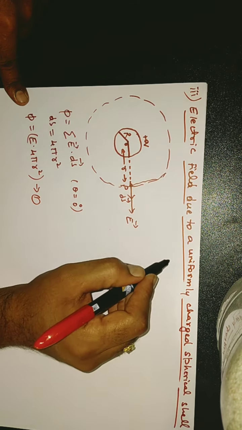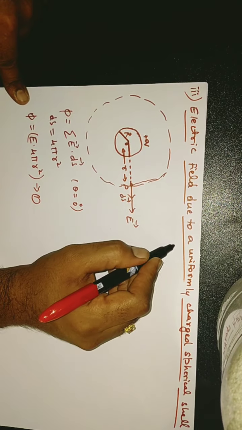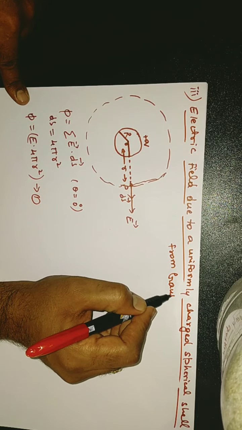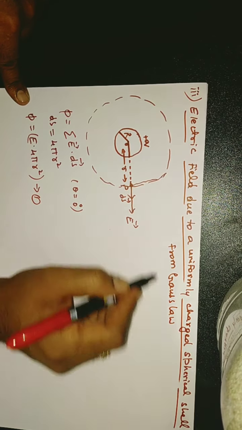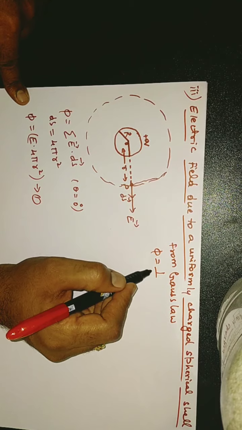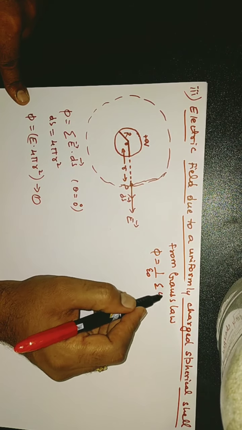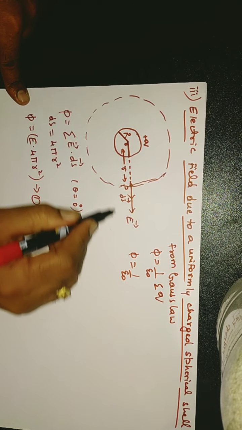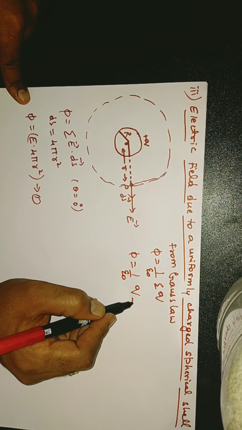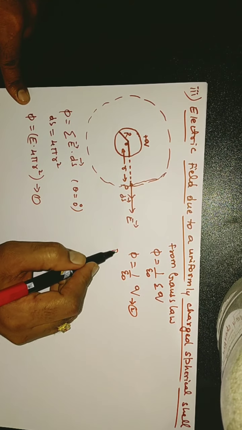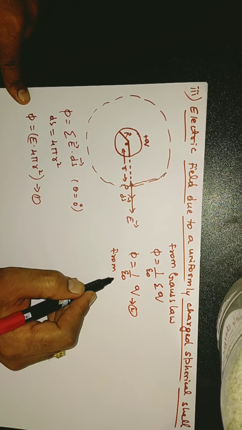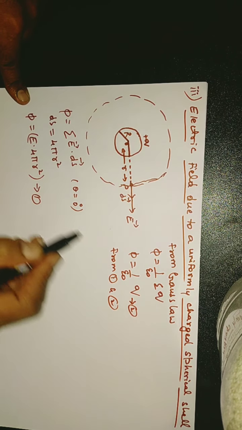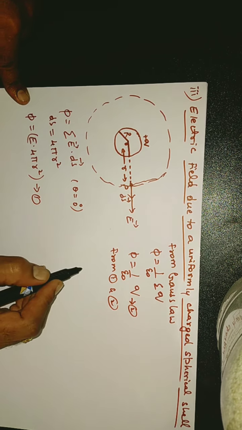Now, from Gauss law, we know that phi is 1 by epsilon naught times the sum of q. So, phi is equal to 1 by epsilon naught times q, since we know that the charge on the sphere is equal to Q. So, from 1 and 2, comparing these two equations, LHS is the same, so RHS may be equated.